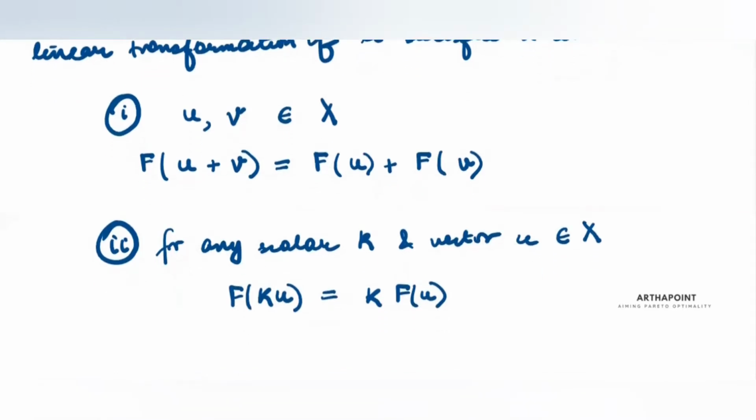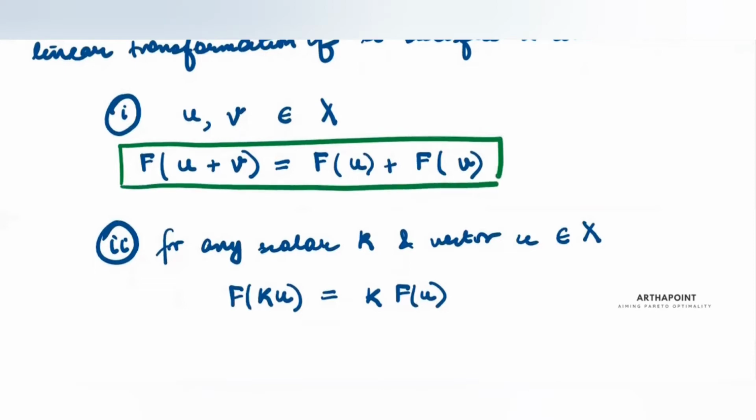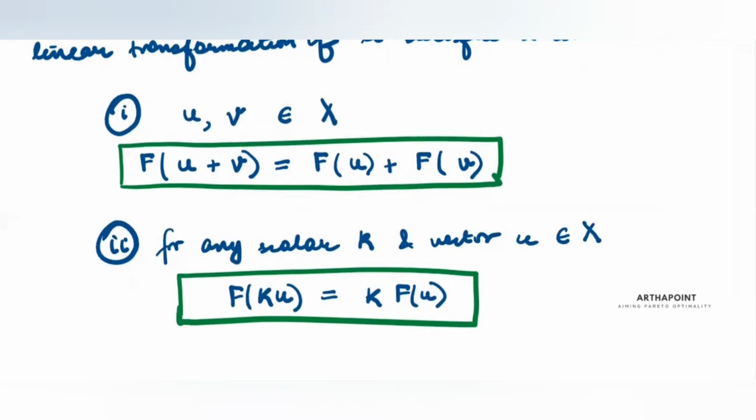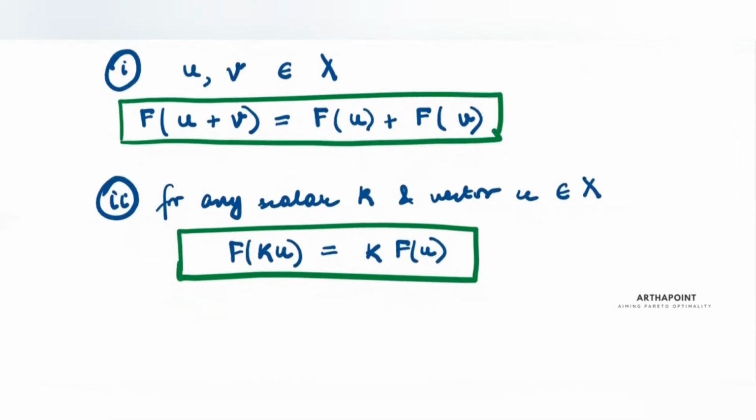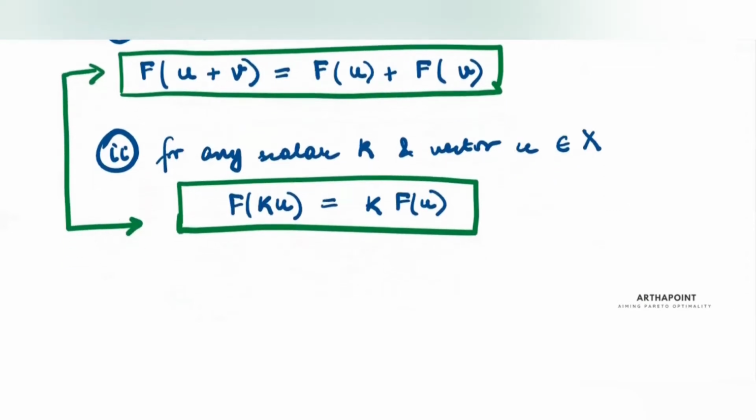Now, please notice here, if I have this condition and I have this condition, can I combine these two conditions and say that any linear mapping should satisfy this condition? f of k1 u plus k2 v is equal to, because to satisfy the first one, what do I want?